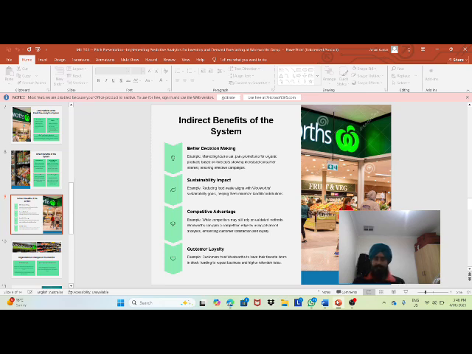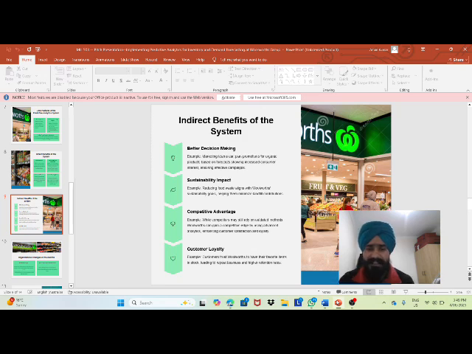So it really helps them make better decisions. Sustainability impact: for example, reducing food waste aligns with Woolworths' sustainability goals, helping them minimize landfill contributions. So it helps them sustain in business for a longer time.